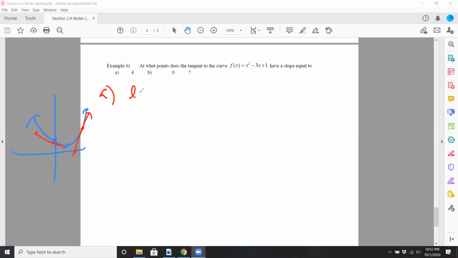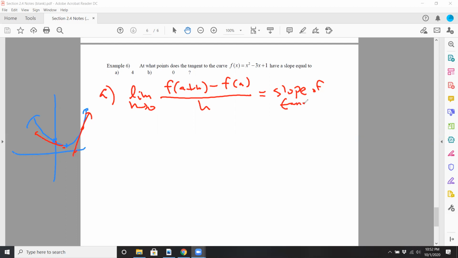So remember, the limit as h approaches 0 of f of a plus h minus f of a, over h, equals our slope, right? So now you're working backwards. I know the slope is 4.